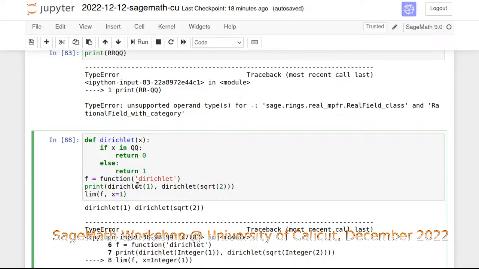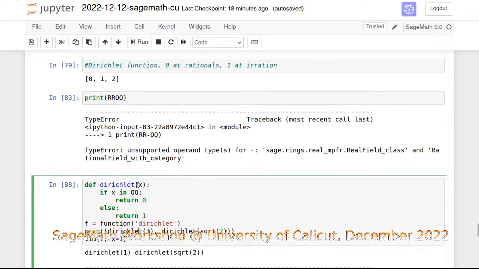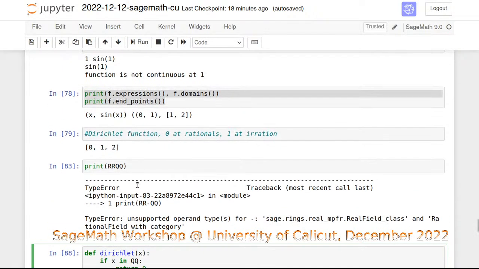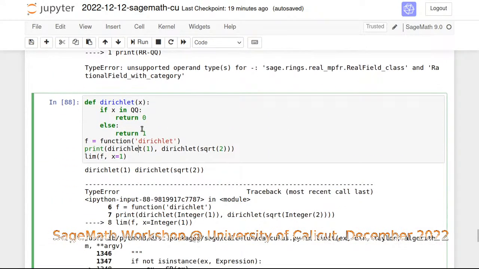Even for the Thomae function, what exactly is the definition? I think if it's rational, m by n, its value is equal to 1 by n, and otherwise it's equal to 0, right? Even for the Thomae function it's going to be a little bit difficult, because we need to define something using this.